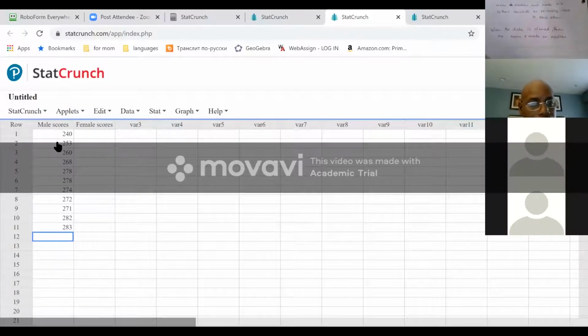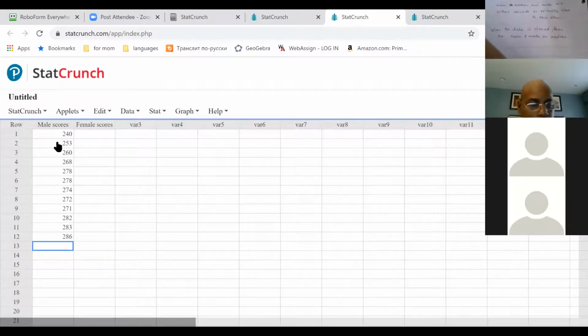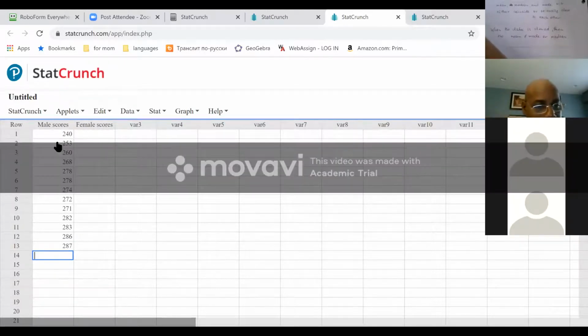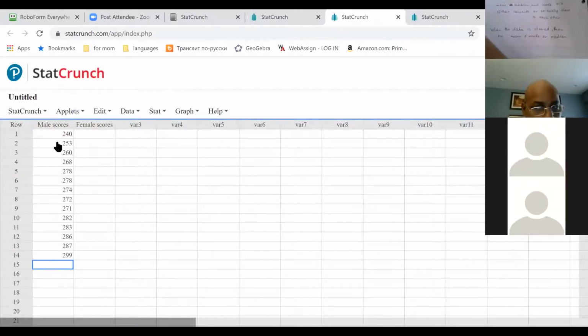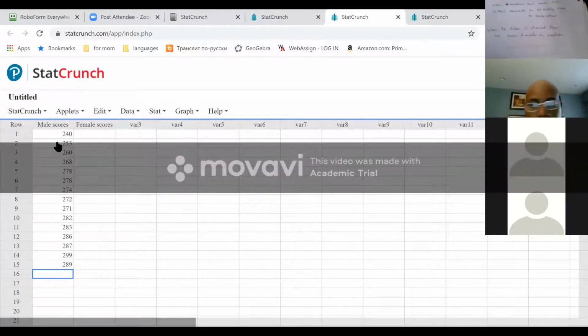That would take forever. 287, just entering this data. 299, or 289 actually. I made a mistake here. It's 289, not 299.